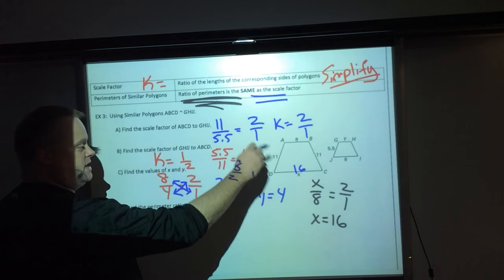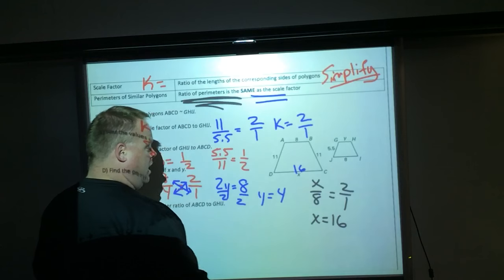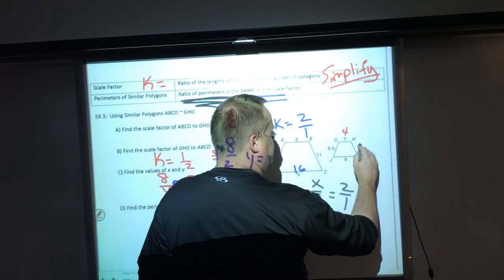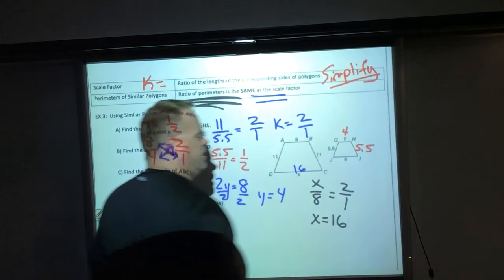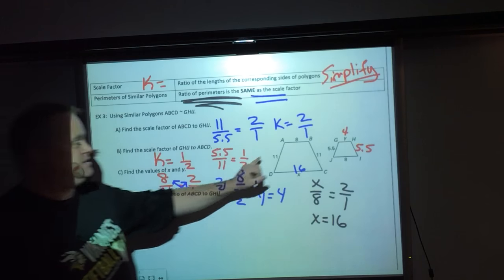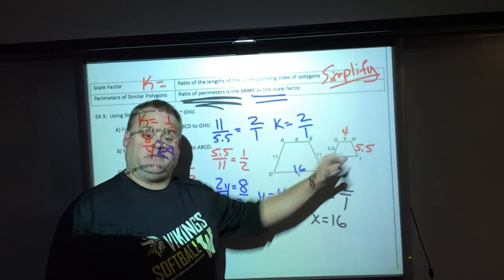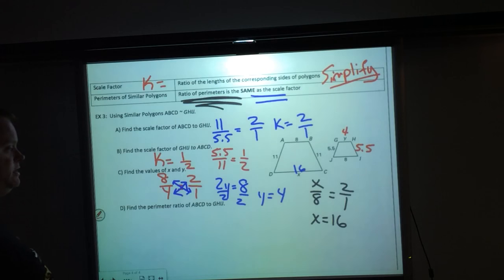So I know all four sides. And when I look at this one, y is 4. I also know this missing side is 5.5, because this is 11 and this is 11 and they're congruent sides. So that's going to be 5.5 and 5.5.